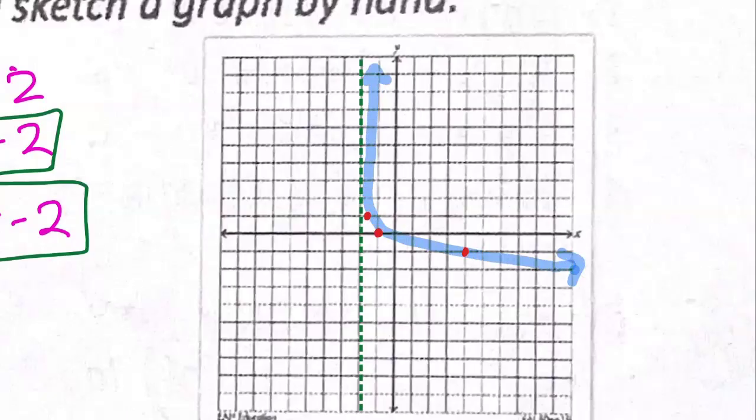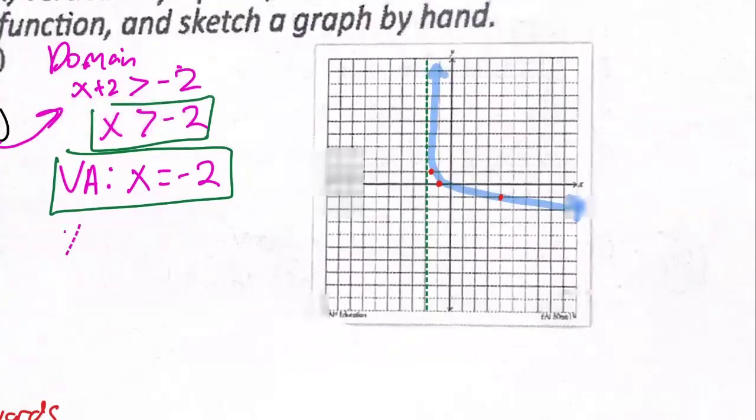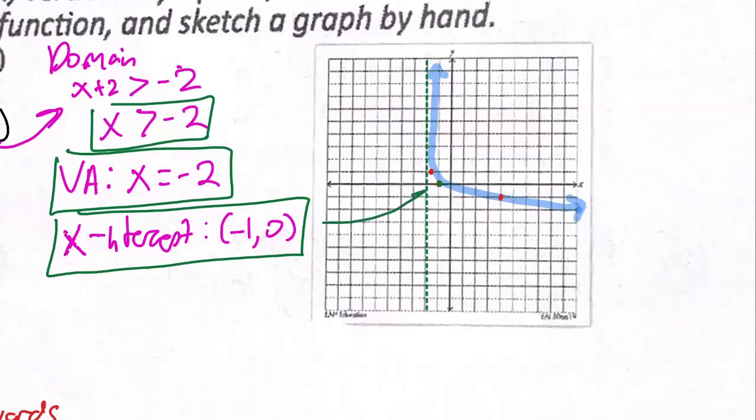And then my intercept is at -1, 0, which is this one right here. And I have a perfectly good looking logarithm graph.